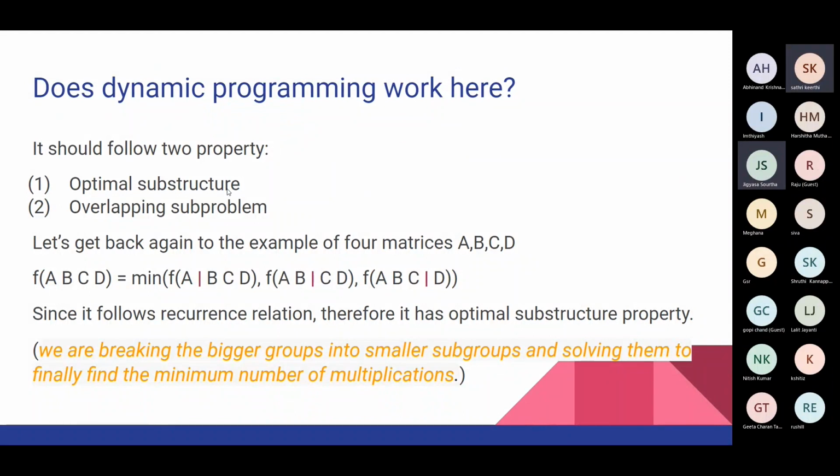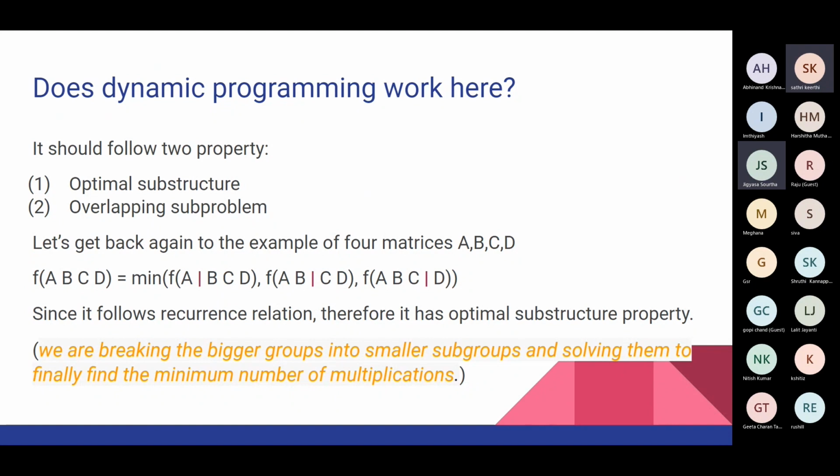So what is optimal substructure? It is the property that the bigger problem can be divided into smaller subproblems, and computing the answers of the smaller subproblems will give you the solution to the bigger problem. Does it follow the optimal substructure property?